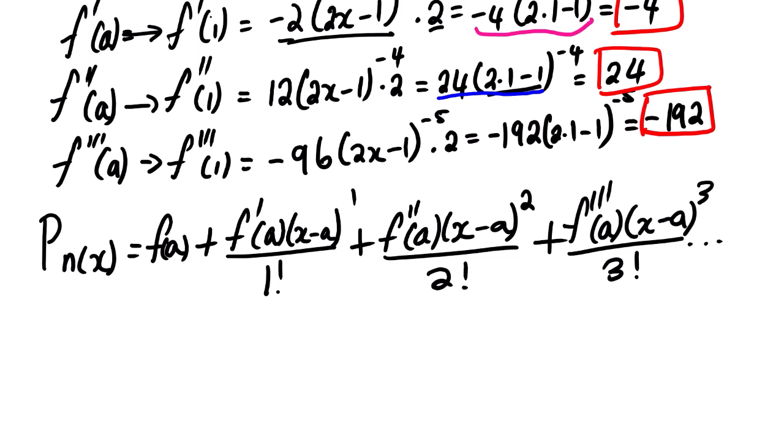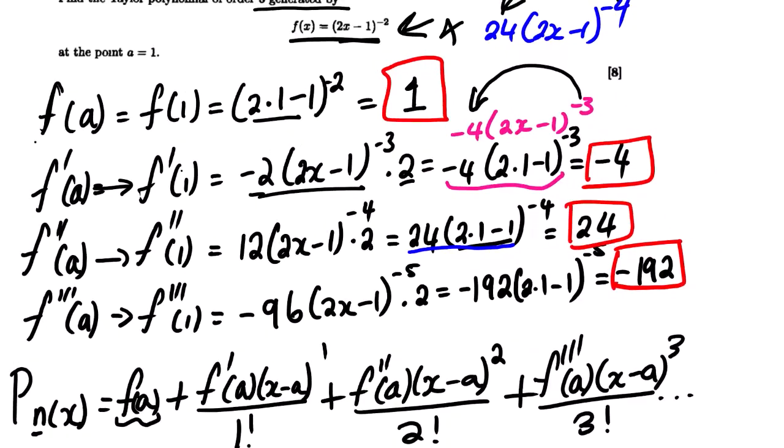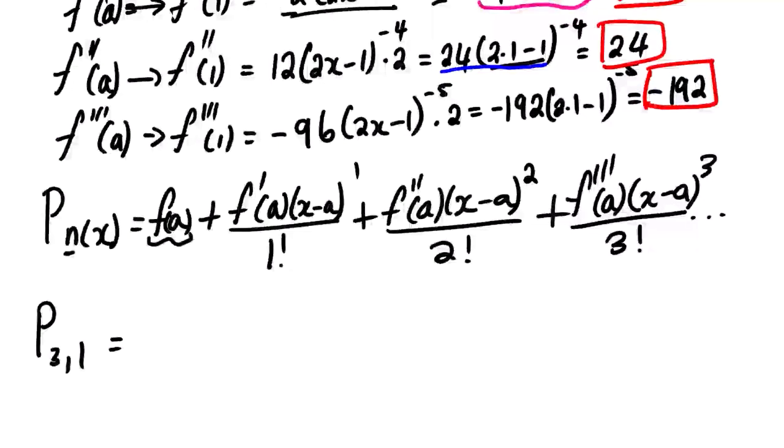So in this case we can simply substitute, and it means we're looking for the third generated, and the point a equals 1. Now looking at f of a, we can see that f of a is the first term, which is 1, so we can just put 1 plus, let us look at this part.